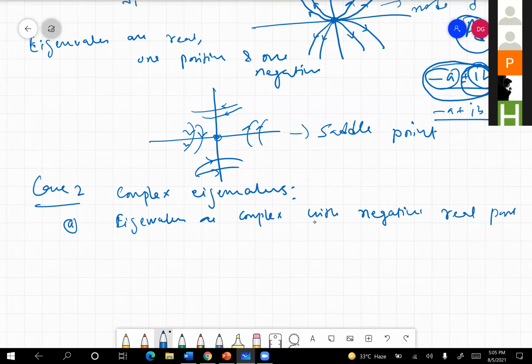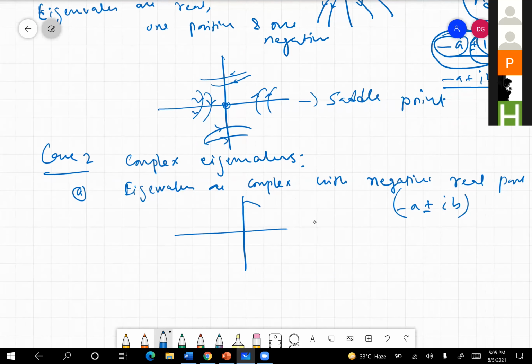This is exactly what we have for our pendulum system, minus a plus minus ib. This is the one we have for the vertically down system, right? In this case, the phase portrait will look like this. It is converging to the equilibrium point, and this is called a stable focus.